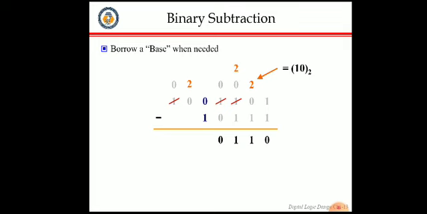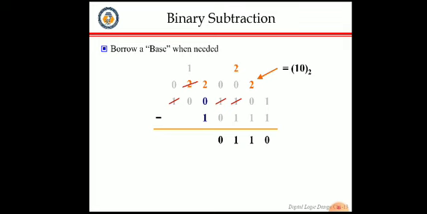But the higher position is 0, so you can't take borrow from the 0. Hence take borrow from the next higher position to this 0 and less it, and take borrow from this position to this position and less that 2 by 1, like this. So this is the way.